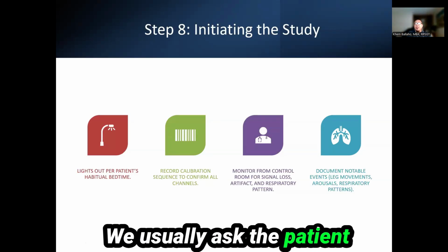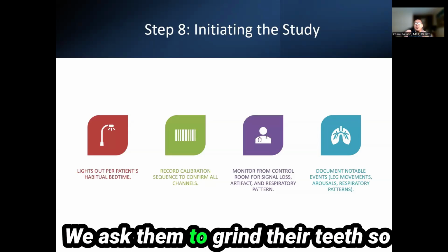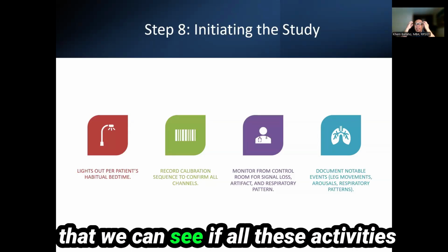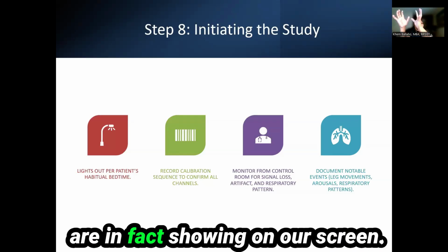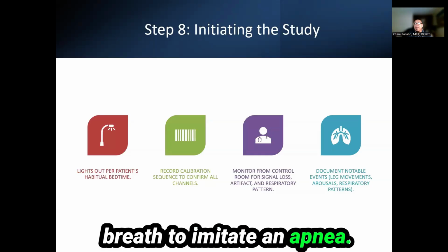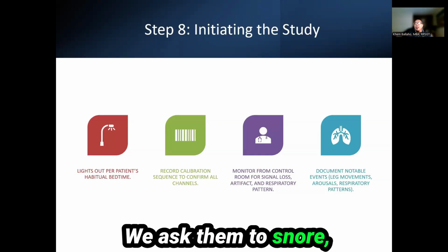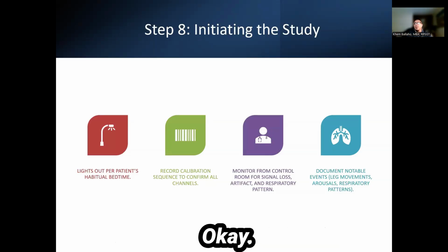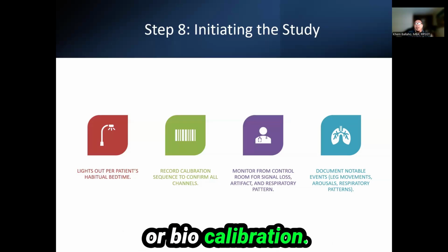We usually ask the patient to open and close their eyes. We ask them to grind their teeth so that we can see if all these activities are in fact showing on our screen. We ask them to hold their breath to imitate an apnea. We ask them to snore, flex their leg, etc. Okay, that's called a patient or bio calibration.